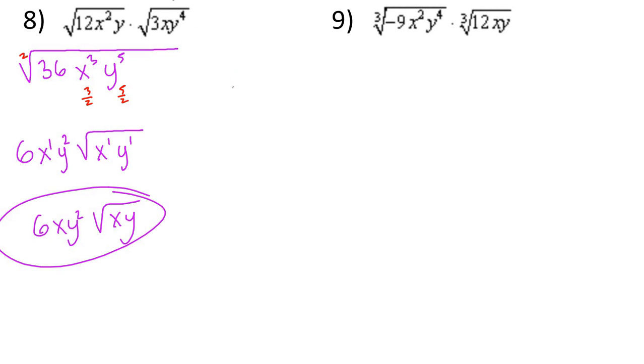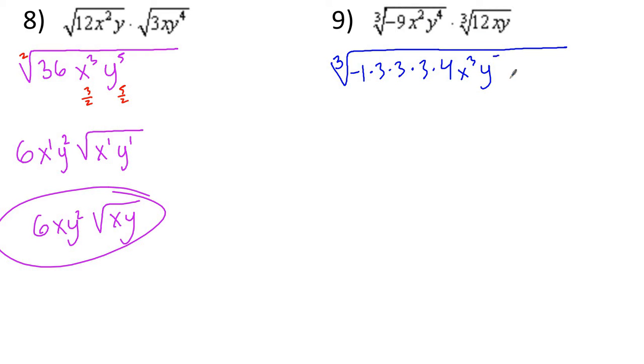Sorry. The next one, number 9, we can write this all out. Here we have a negative 1, 3, 3, and 12 is 3 and 4. We have x cubed and y to the 5th. Remember we are doing 3 as our house rule, so 3 over 3, 5 over 3. Let's start taking stuff out.